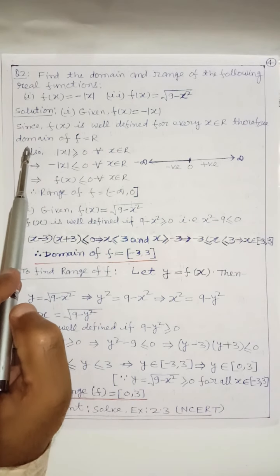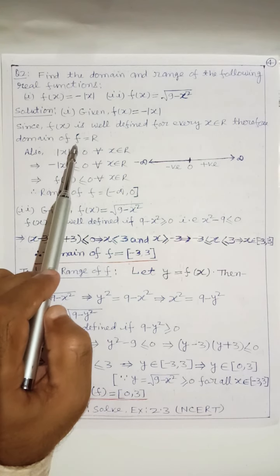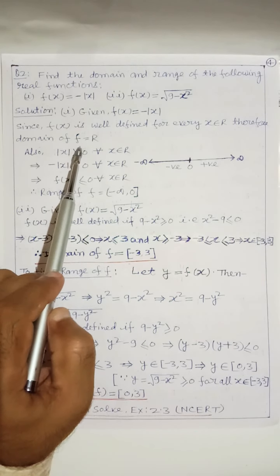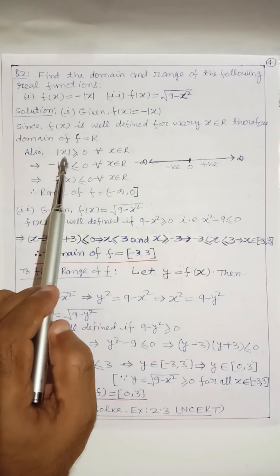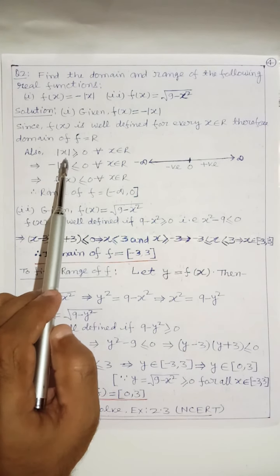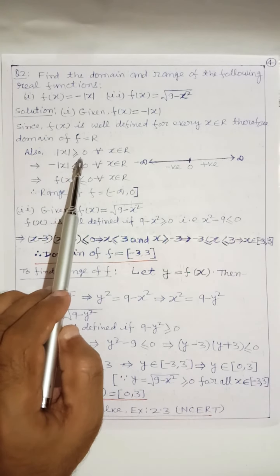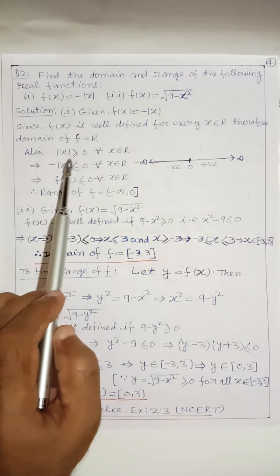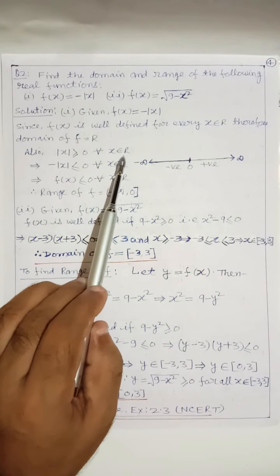Therefore, domain of the function f, that is f(x) equal to minus mod of x, equals R. Also, mod of x is greater than or equal to 0, already we know that, means we always get a positive value or 0. So mod of x is greater than or equal to 0 for all x belongs to R.